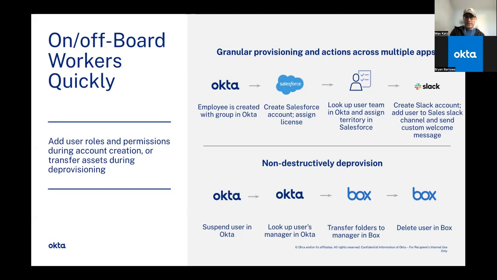That's the example at the bottom. A person gets suspended in your organization, then you look up who is their manager, and then you transfer all their resources. In this case, it's Box, but of course it can be Google, it can be Microsoft, and any other resources really. You transfer to their manager perhaps, and then you can delete the user and so on. And again, you can do this all in a visual way without writing any code.